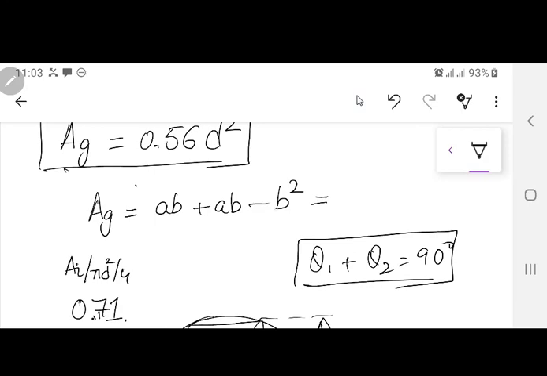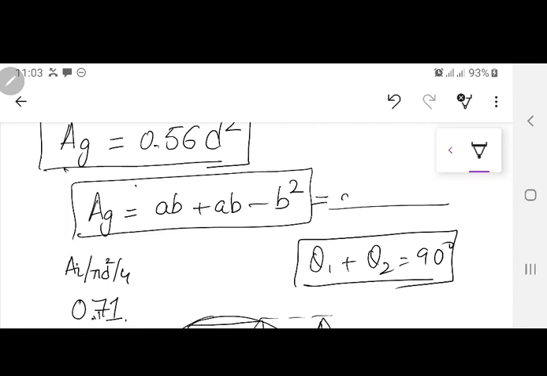So when you put the values of A and B into this equation, can you use theta 1 plus theta 2 equal to 90? I am not going to solve this here because it is the hint for the 3-step core. You have to make the gross area in terms of only D and one angle, theta 1 or theta 2. D is already a constant.